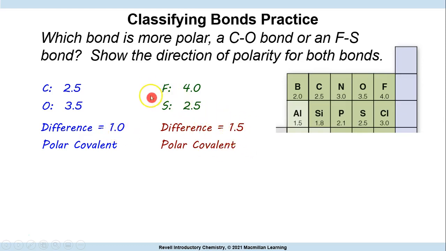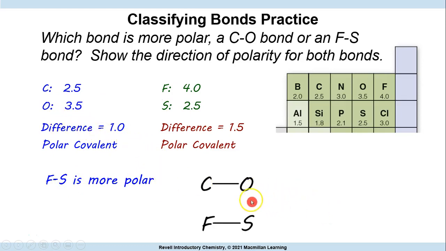Now the next question, show the direction of polarity for both bonds. To show the direction of polarity, we've said the more electronegative atom will always have the partial negative charge. So for the carbon-oxygen bond, oxygen has an electronegativity value of 3.5, so it will be partially negative.